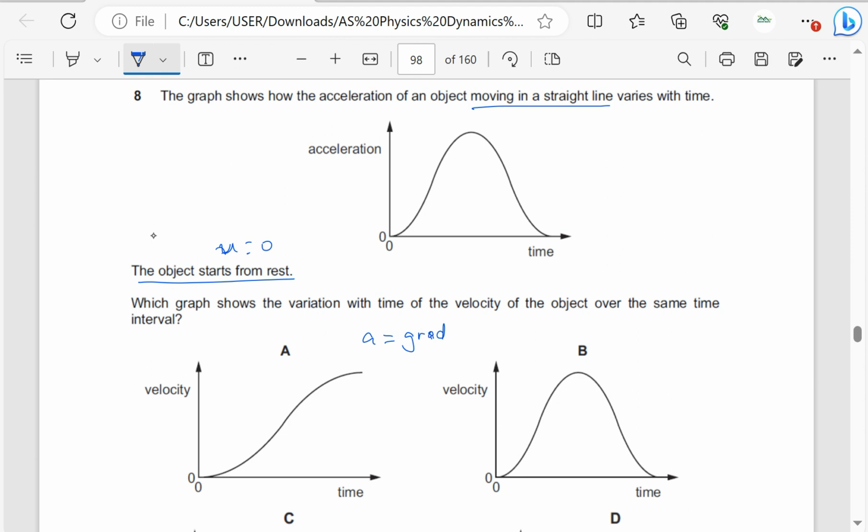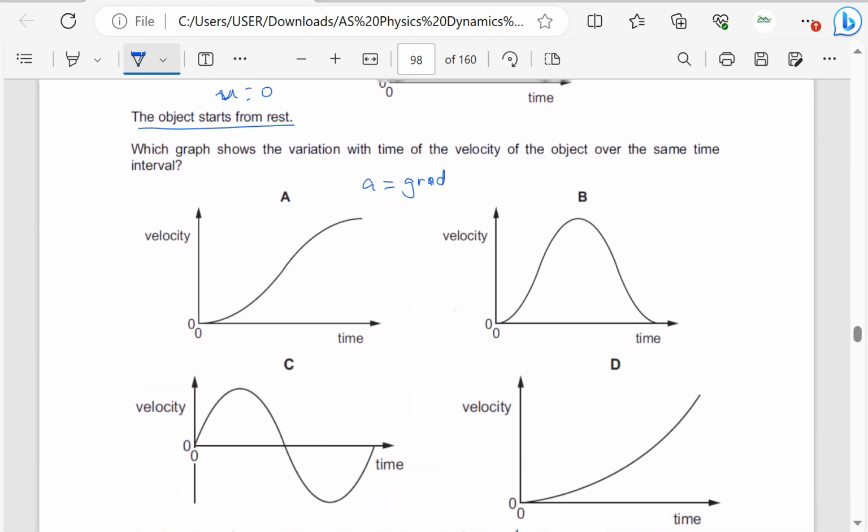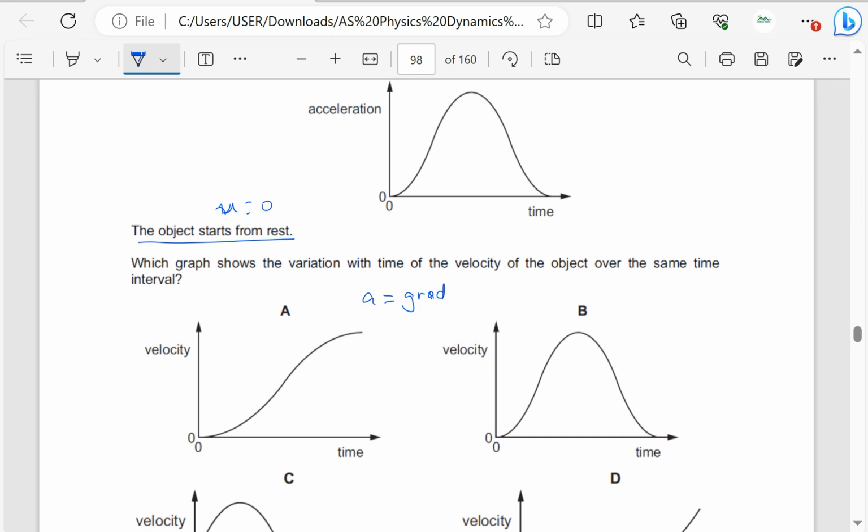So initially the acceleration is increasing, so that means the graph should have an increasing gradient. Then at the peak, the acceleration reaches a maximum value, so the gradient should reach a certain value.